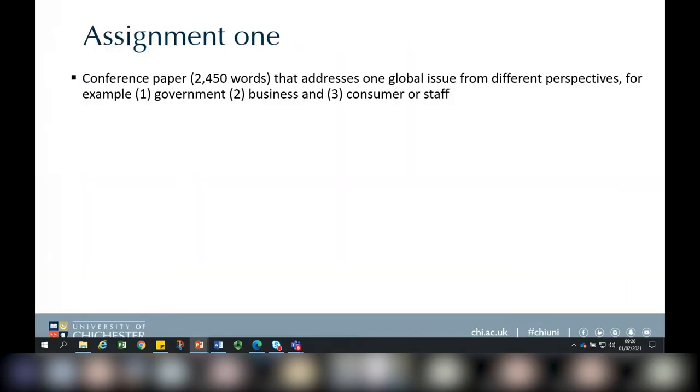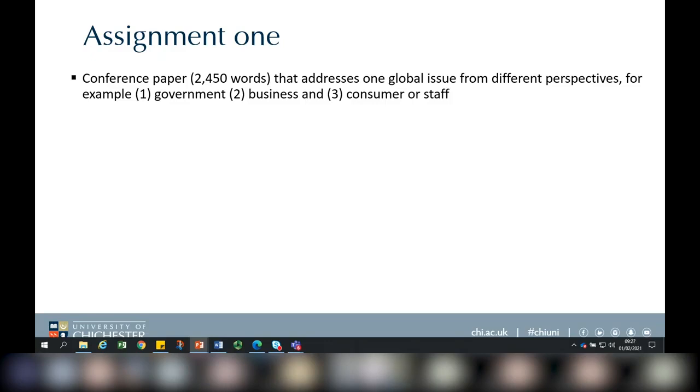Okay, so assignment 1, the key thing, looking at a global focus, but also looking at it from different perspectives. So you're thinking about stakeholders. I would say look at it from 2 or 3 different perspectives, because that will give your paper a dimension, and you're really thinking a lot more critically at this level.